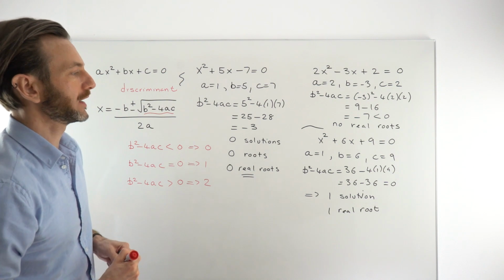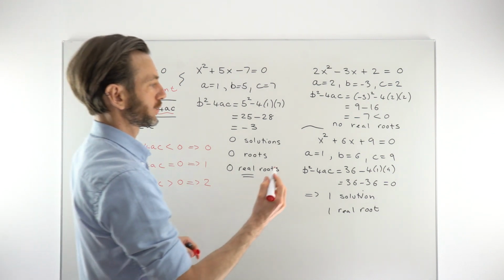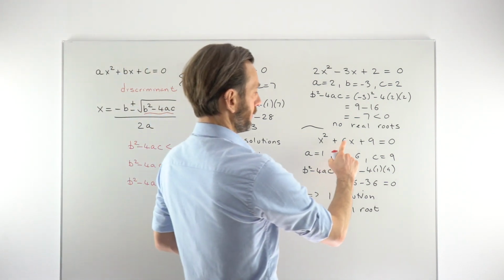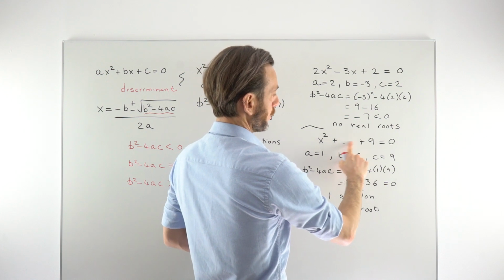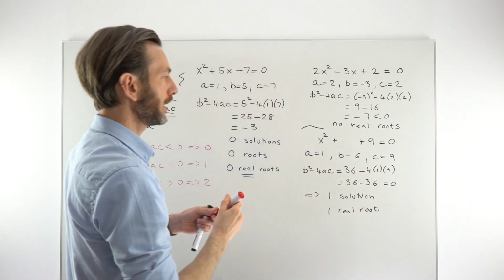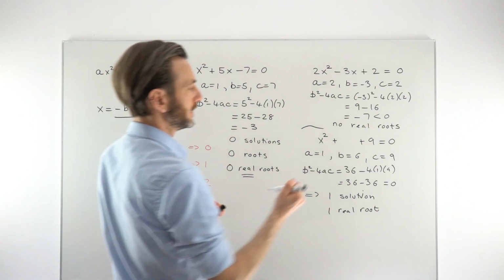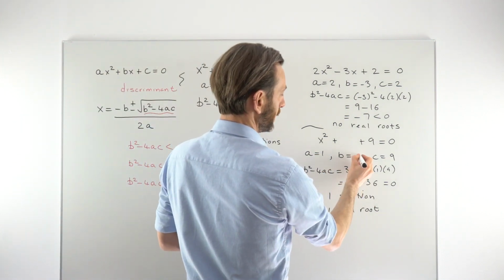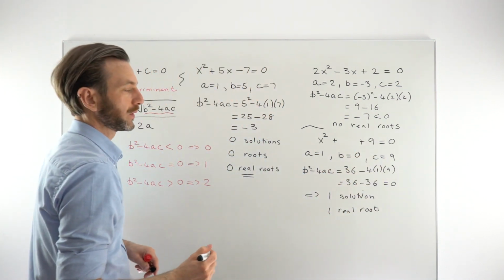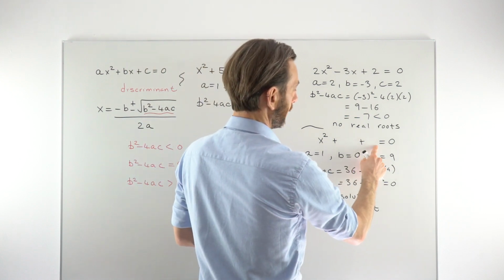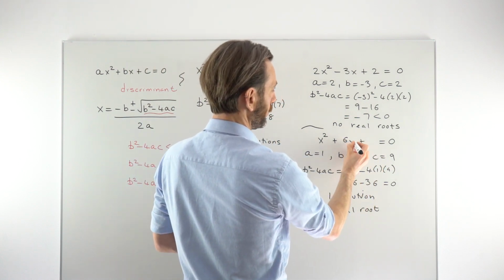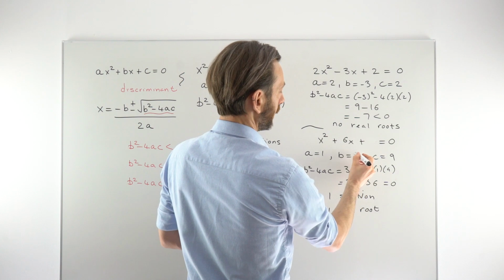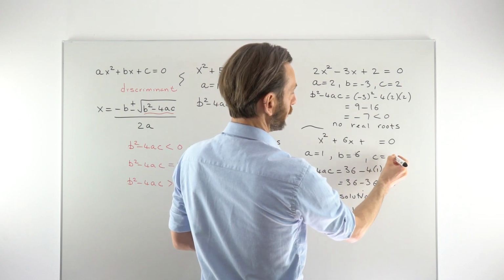One possible variation you might see would be things where, let's say for example, that term wasn't there. If that term wasn't there, then it would mean that the b value would have to be 0. Same with if there was no number on the end, but that x term was still there, then that would mean that the c value would be 0.